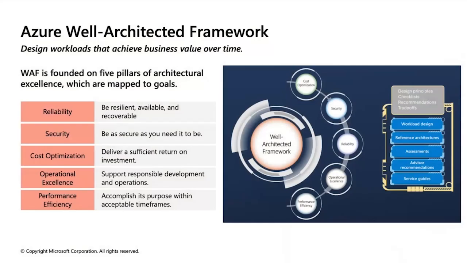So CAF, Cloud Adoption Framework, gives you multi-stage deployment guidelines to adopt the cloud, whereas WAF gives you a solution for assessing the environment to see if you have implemented the best practices for the cloud or not.